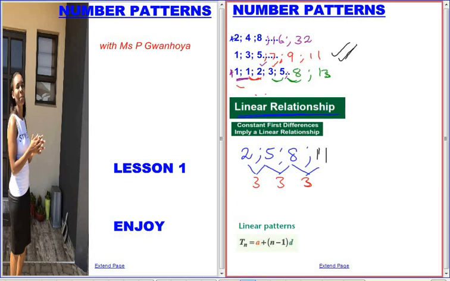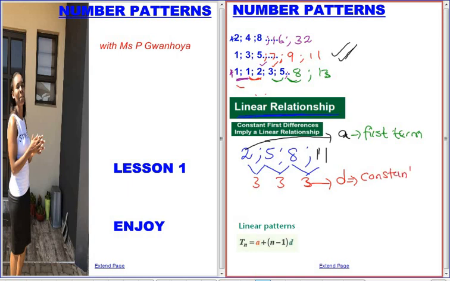In this number pattern, we are going to call our first term A. We are going to denote it with the letter A, and the difference we are going to call D. A represents the first term, as we do in every sequence or pattern, and D represents the constant difference.